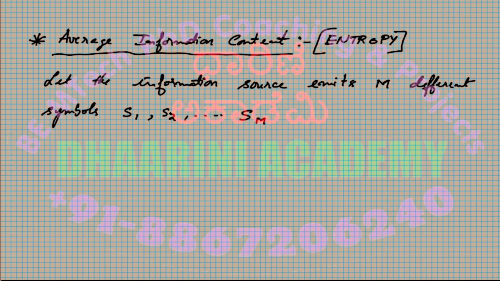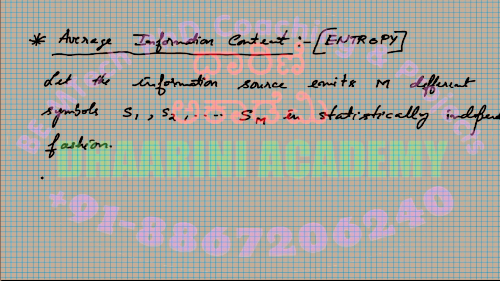So N different symbols S1, S2 up to SN occur in a statistically independent fashion to form a sequence. Now I am trying to measure the information content. So whenever my intention is to find the information content, I need the probabilities.